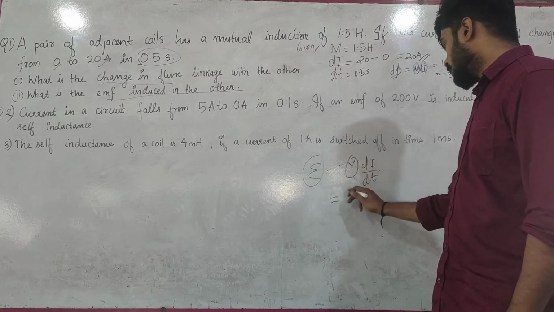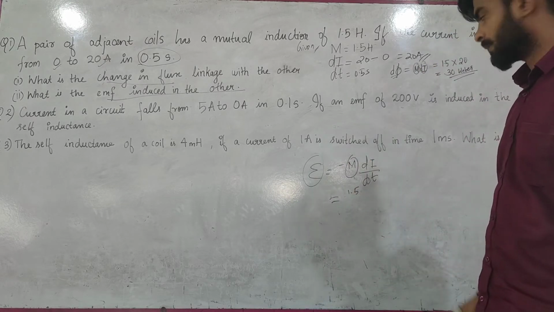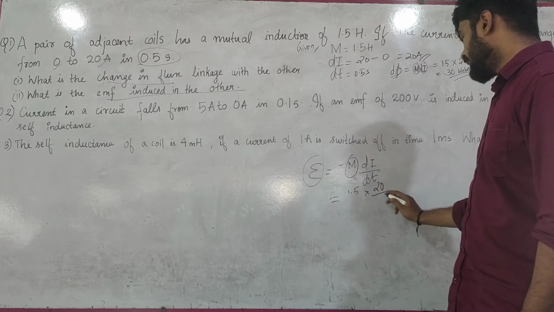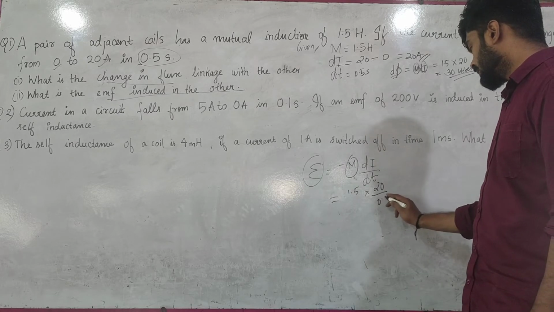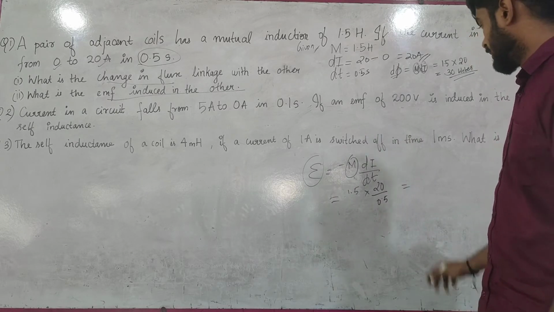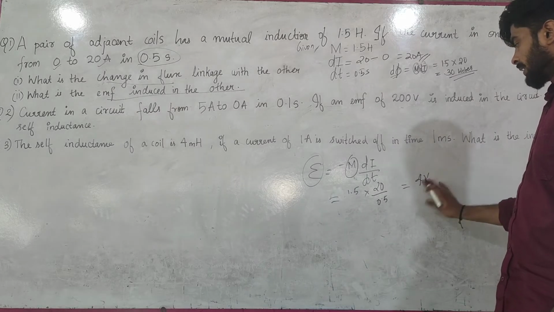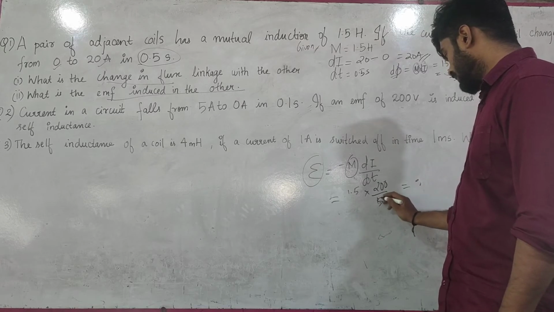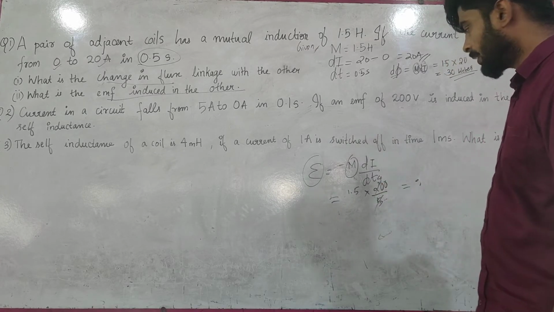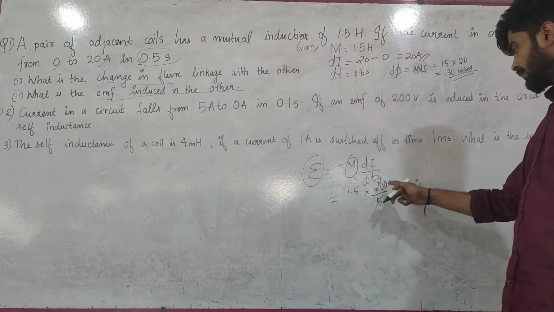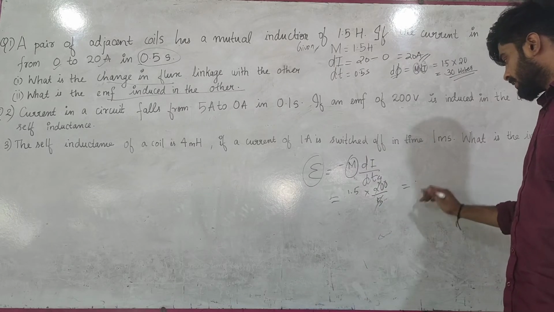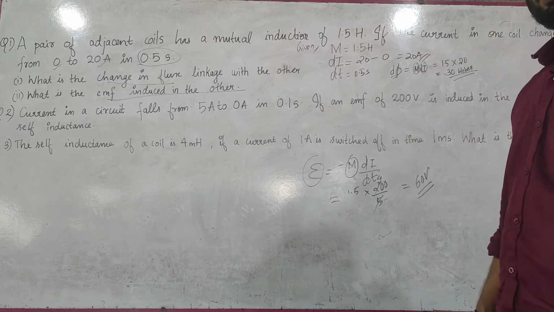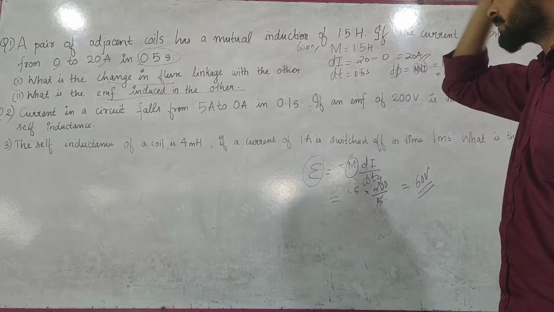So M is 1.5 into what is di? di is 20 by what is dt? 0.5, right? So 20 by 0.5 is 40. So 1.5 into 40, it will be 60. So 60 volt will be your answer. So the induced EMF will be 60 volt. This is how you find the EMF induced in the coil.